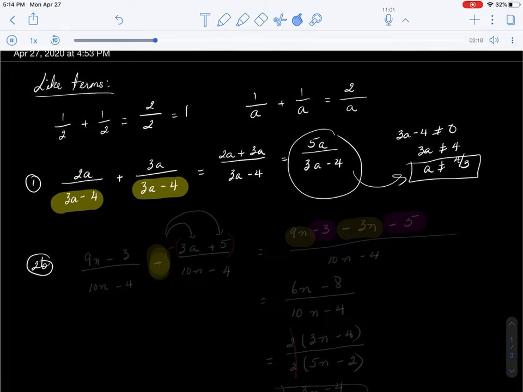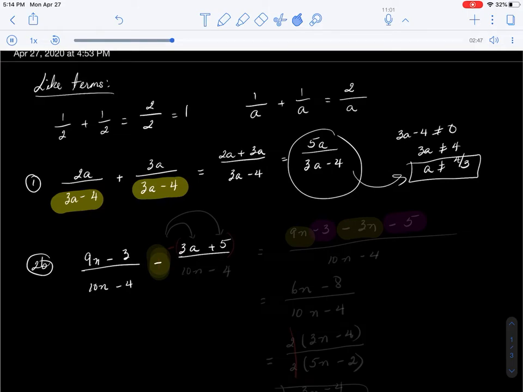Okay, let's look at number 2b. They ask you to find the difference. When you're adding, it's very straightforward, but when you are finding the difference, you need to be very careful with the sign. We have 9n minus 3 over something, and 10n minus 4 over something, then you subtract.